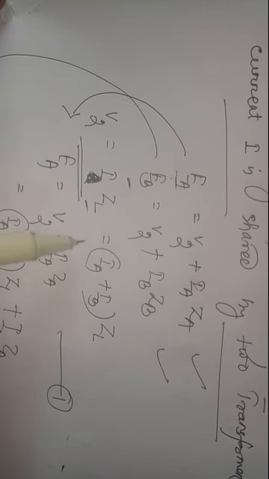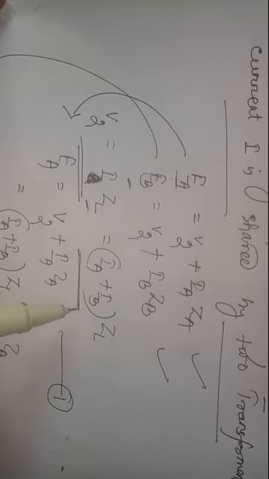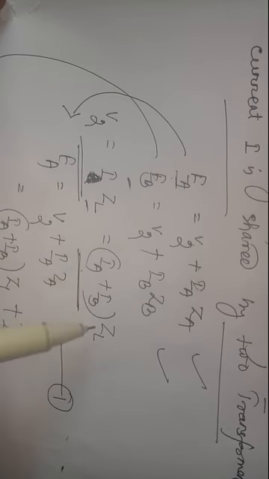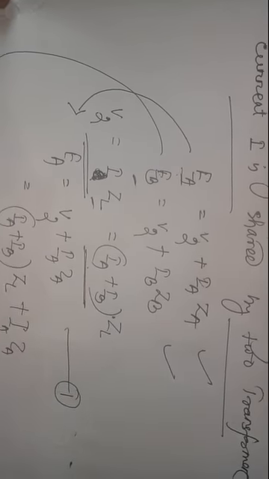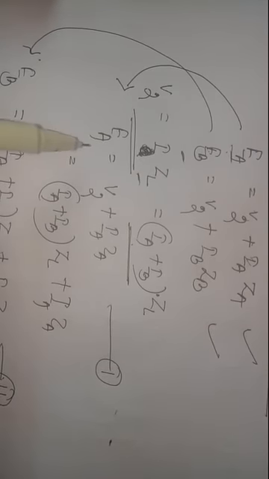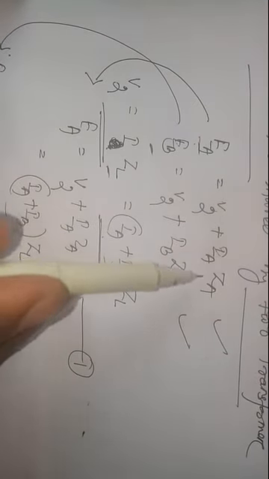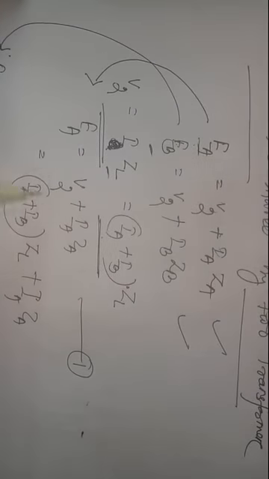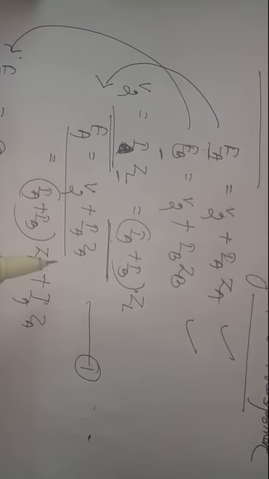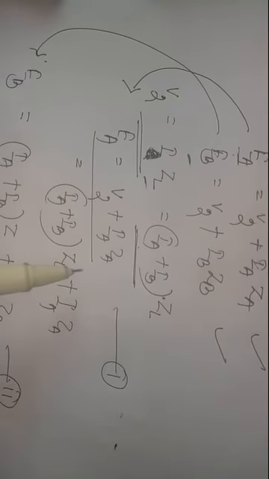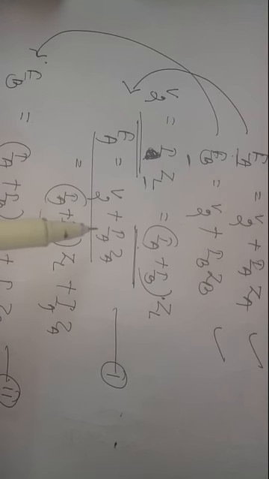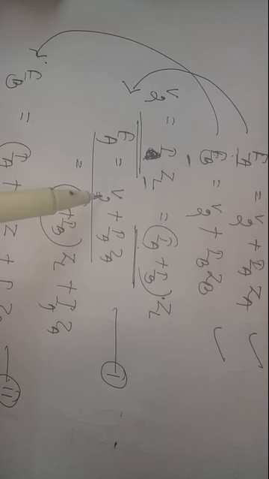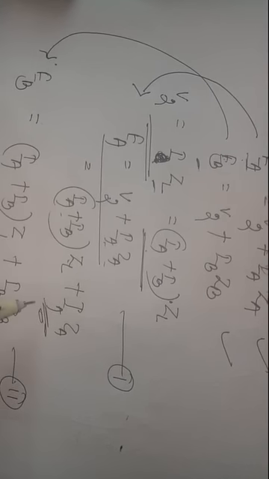In place of I we can substitute IA plus IB, so V2 is IA plus IB into ZL. Substituting this in EA, we get EA equals IA plus IB into ZL plus IA ZA.